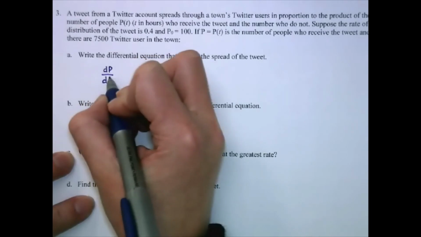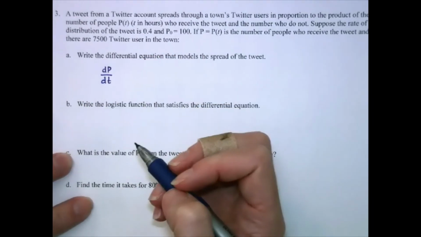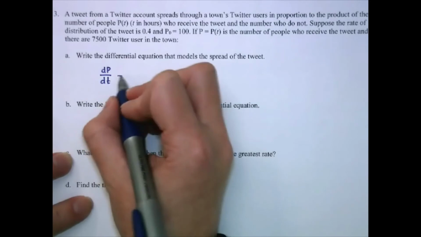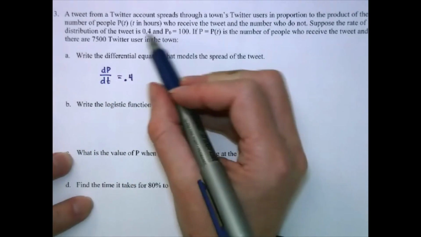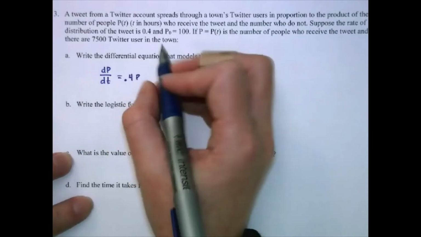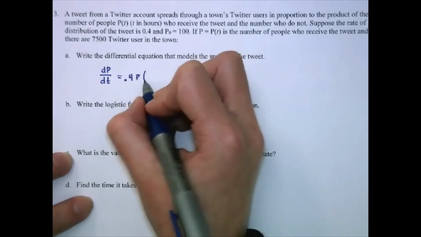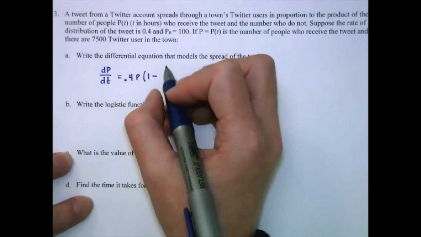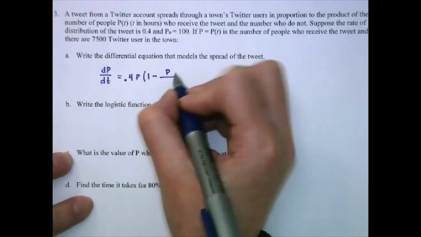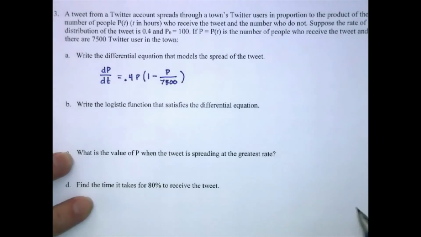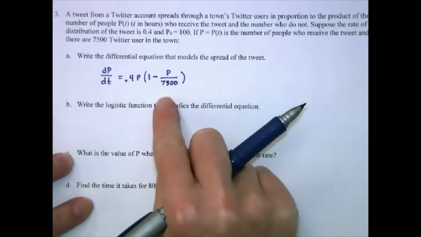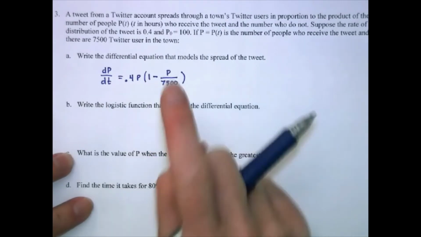So the general differential equation for a logistic curve, anything in this scenario, is going to be the rate, which is going to be 0.4 P, and then 1 minus P over the max population. Okay, so we only care about two numbers in the differential equation.